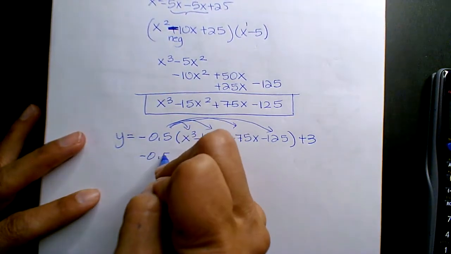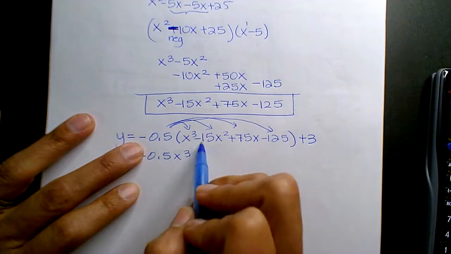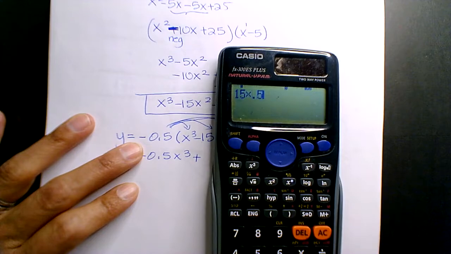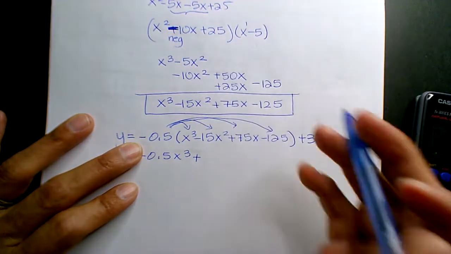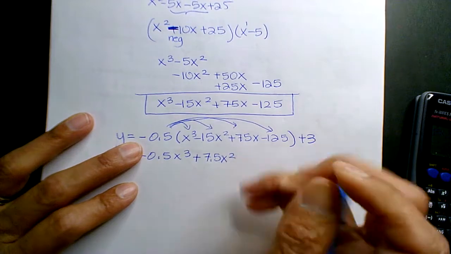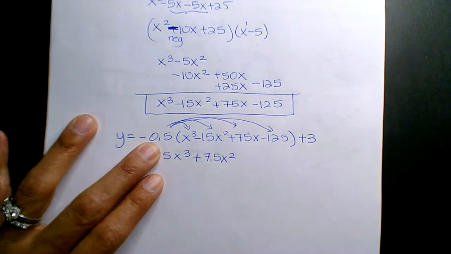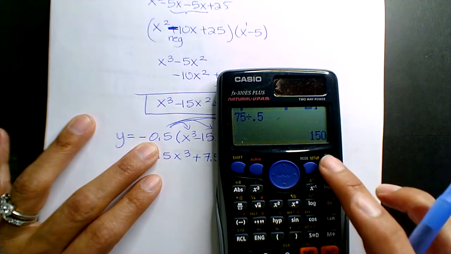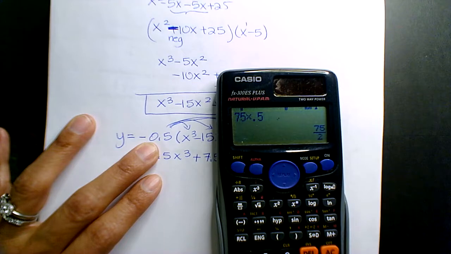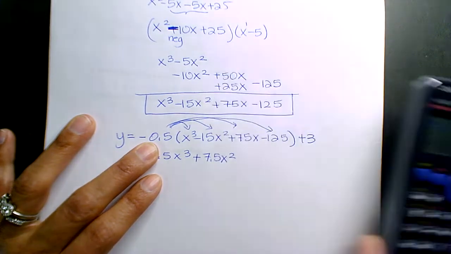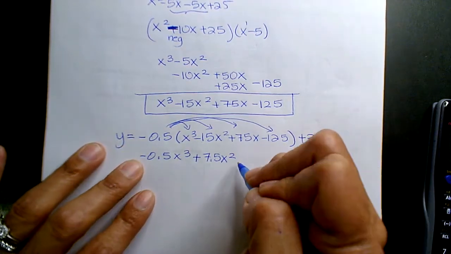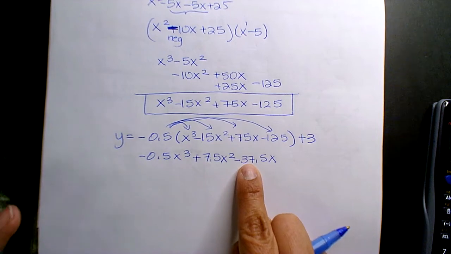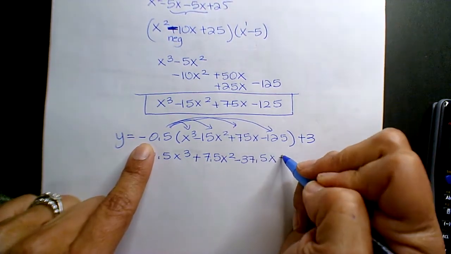So negative 1/2 x cubed. All right, I know a negative and a negative is a positive. Half of 15 is 7.5. Yeah, 7.5. Half of 75, you guys know. Oh, I divided. Nah, don't do that. 37.5. But a negative and a positive is a negative. Also, because negative, positive, negative, they're also going to alternate. And then negative, negative is a positive.